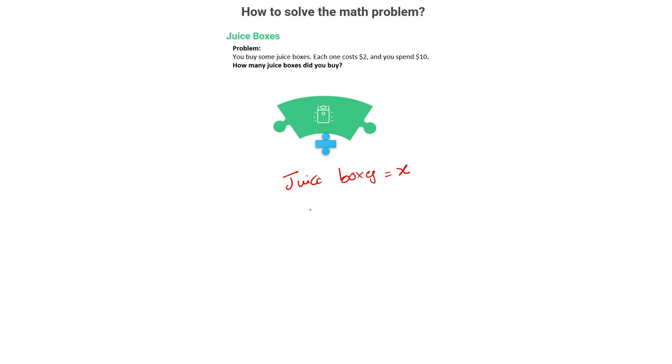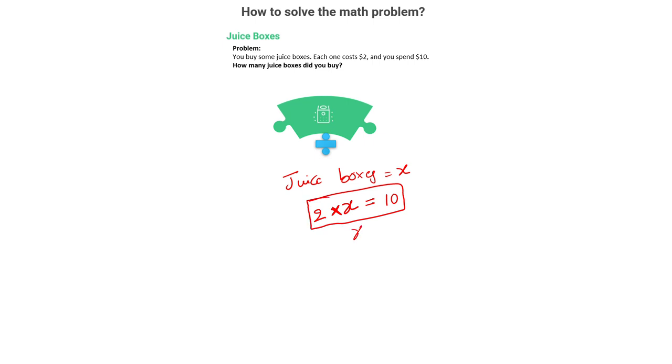Since they say each one costs $2, you have to consider that as 2 multiplied by x, and you spend $10. So that means you spend $10 for these 2 times the unknown number of boxes. So now the equation becomes like this.